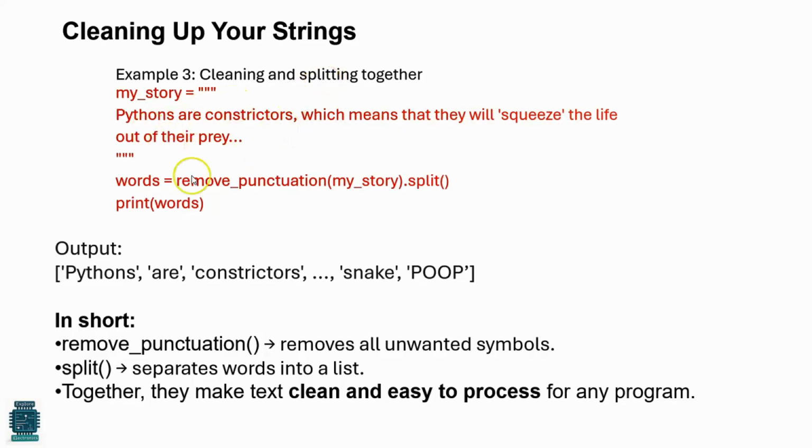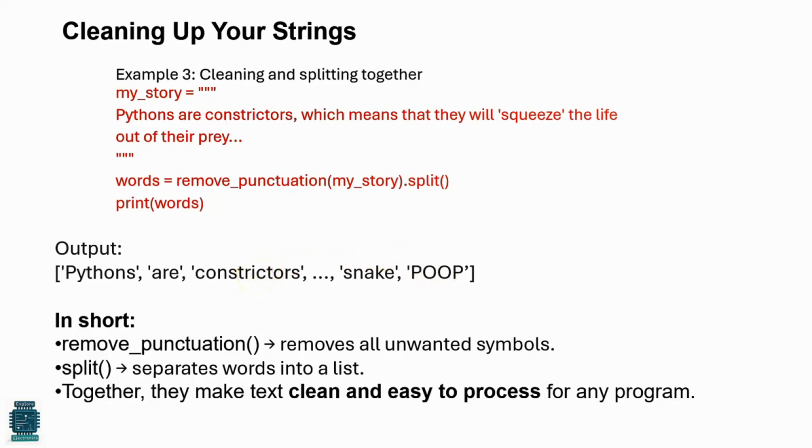In this example, words is equal to remove_punctuation(my_story).split(). I am using the split method as well. In the previous example I have explained, right? I am taking print(words), which means it will go to words, remove the punctuations in my_story, and split together. Here the output is "Pythons" separately, because I am using the split function, "are", "constrictors".